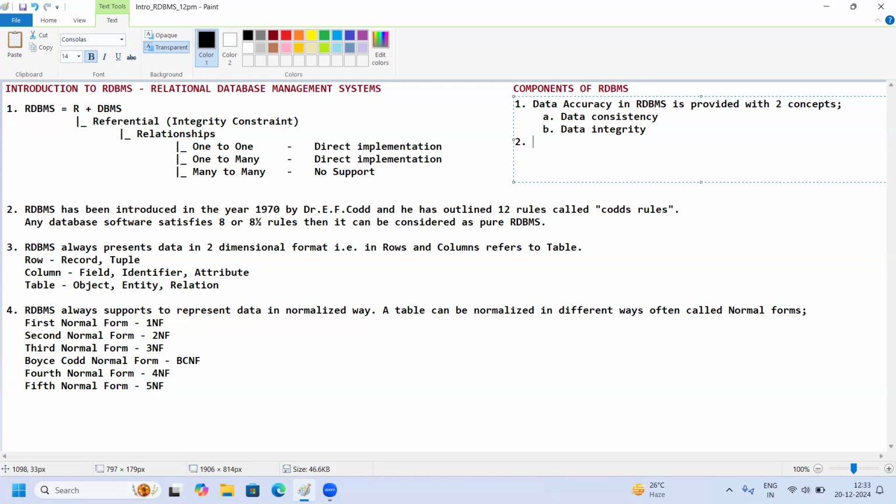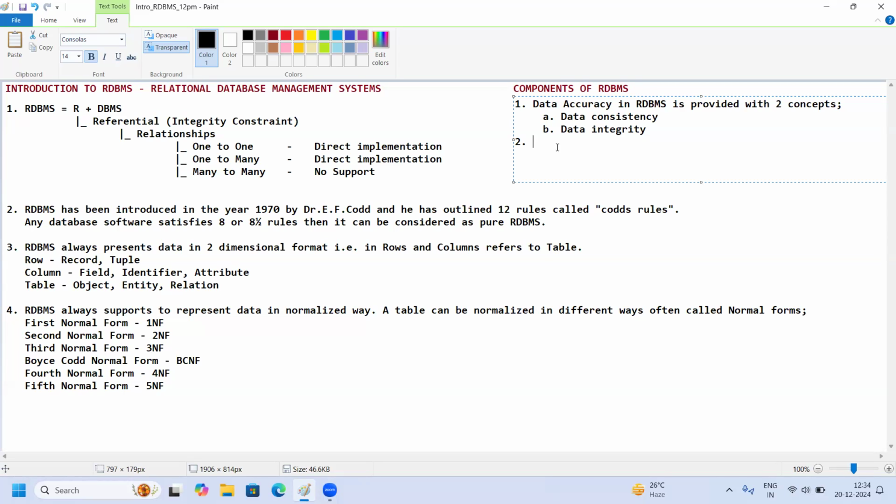Data consistency, I'll explain with two topics: one under foreign key constraint, and second under views.